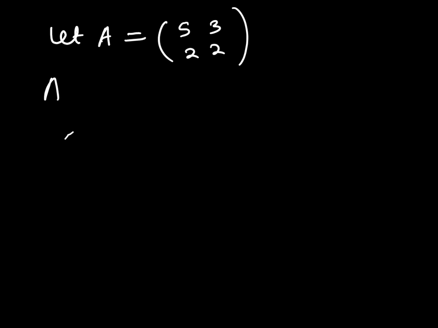To make our life simple, let us call the matrix given to us A: 5, 3, 2, 2. Now, the task we have is to find the inverse of this matrix. We know that this is going to be 1 over the determinant of A times the adjoint.